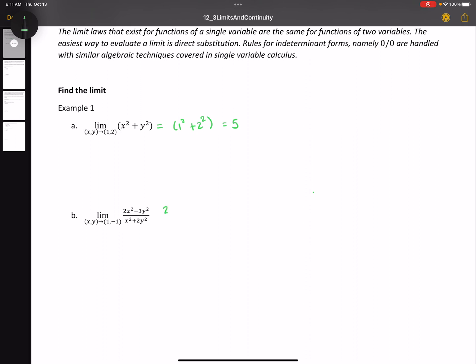We would get 2 times 1 squared minus 3 times negative 1 squared, divided by 1 squared plus 2 times negative 1 squared. That's going to give us 2 minus 3 over 1 plus 2, which is negative 1/3. So that limit is negative 1/3.